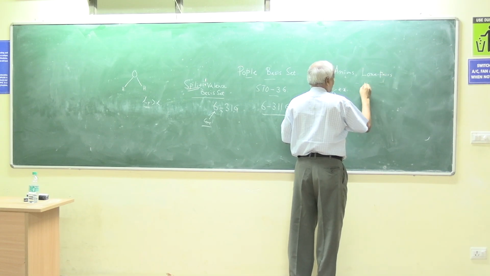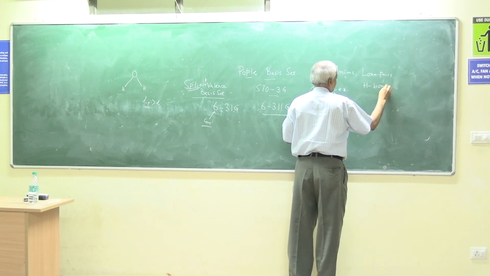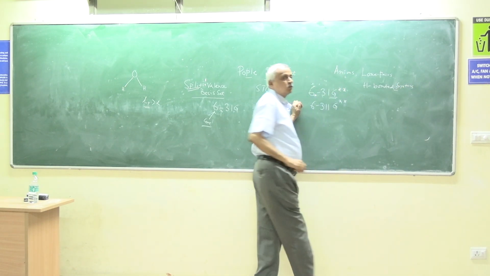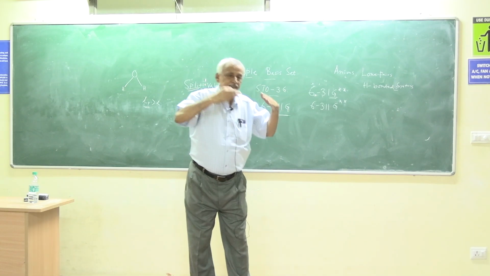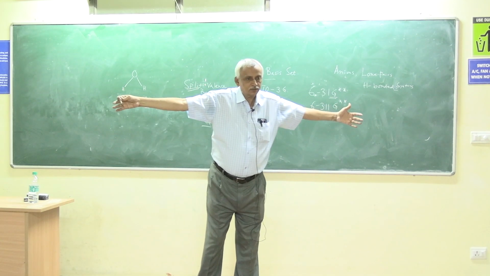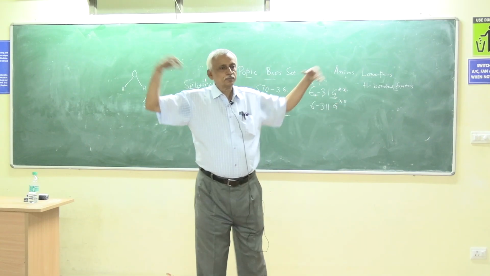We are talking about hydrogen bonded systems. Meaning what? Now, electron density is not only centered around those atoms, it is expanded because of the anion, the extra or the lone pair.